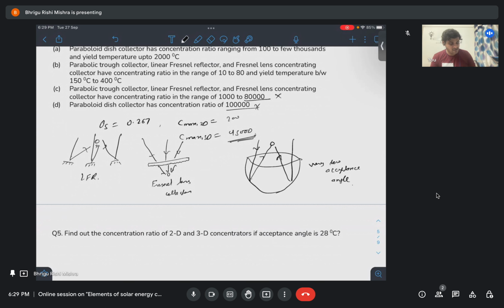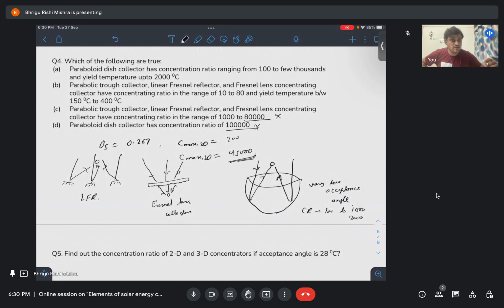Its CR can go from 100 to a few thousand, like 1000, 2000, or even 5000 or 10,000. Due to such a high concentration ratio, it is also able to reach a very high temperature, up to 2000 degrees centigrade. So this first option is true.